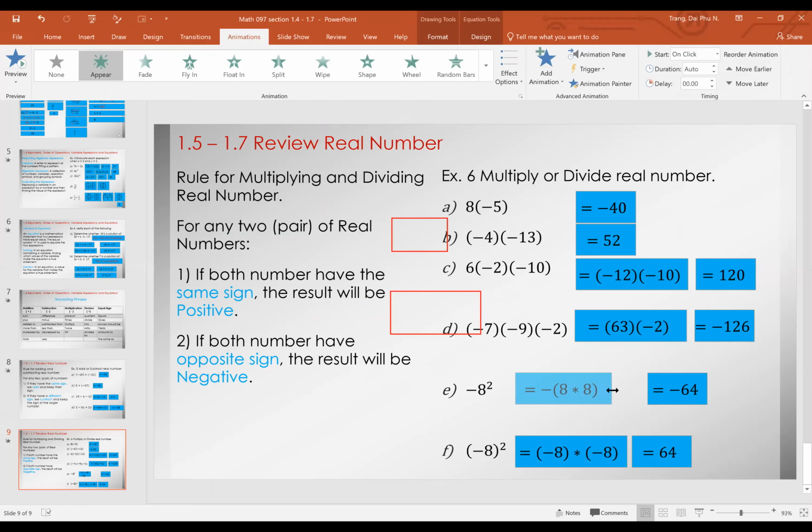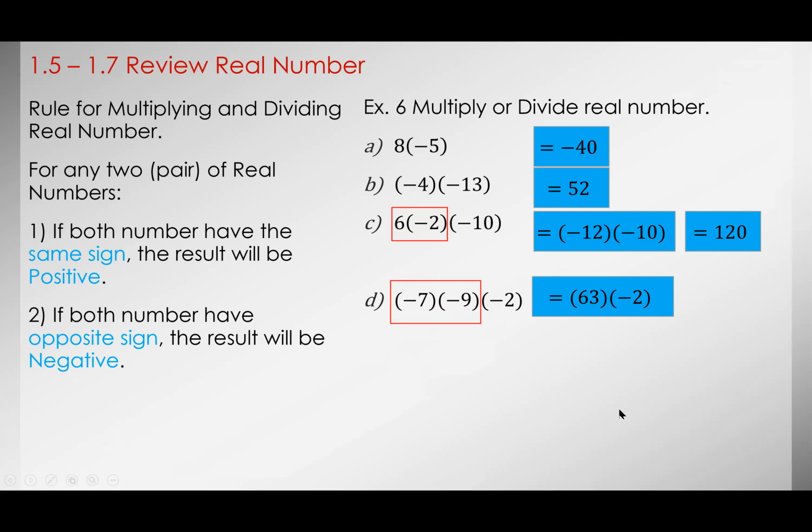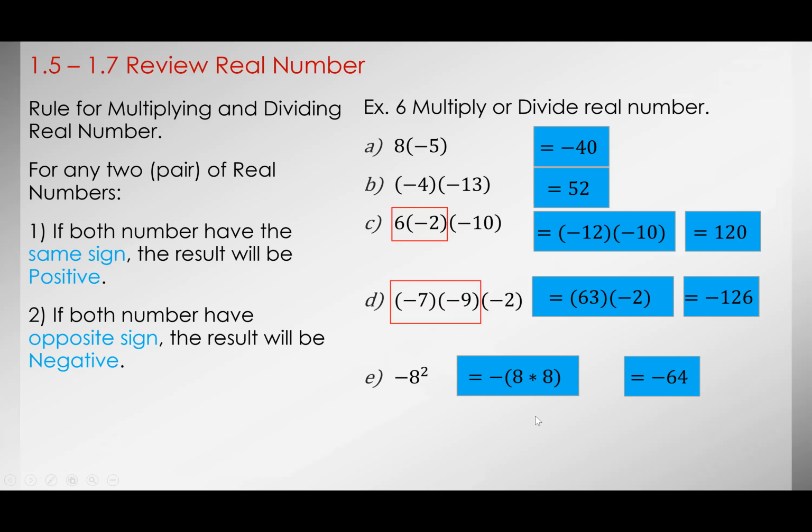So again, for this problem, only the 8 is associated with the square, which is basically 8 times 8, and 8 times 8 is 64, and then you kept your negative, you bring your negative over, versus this item here.